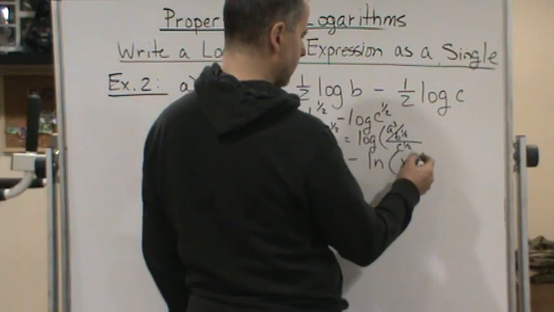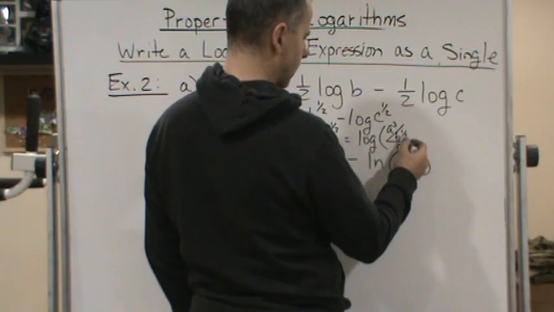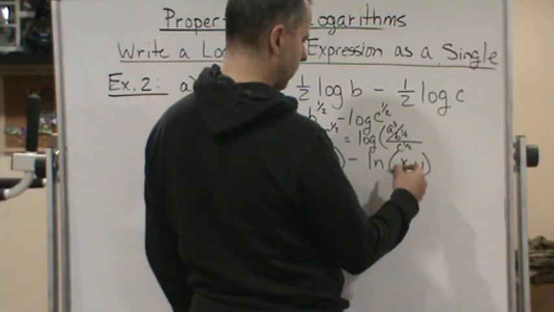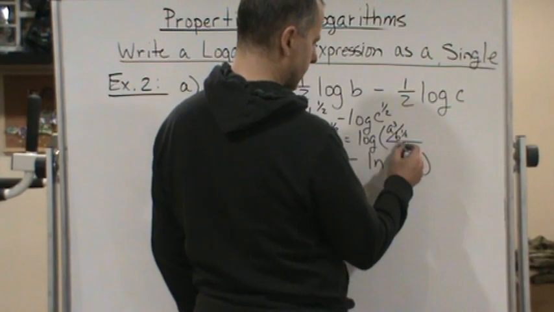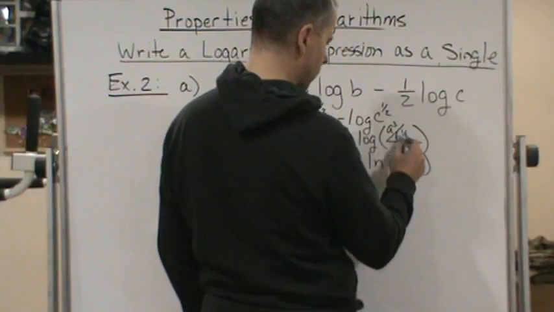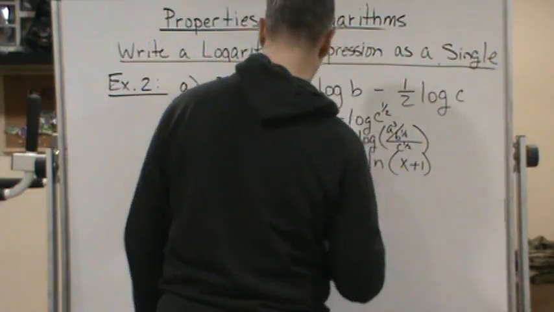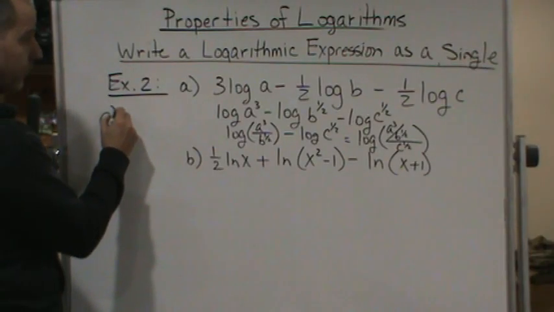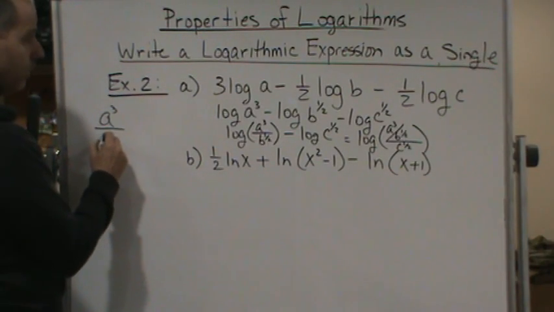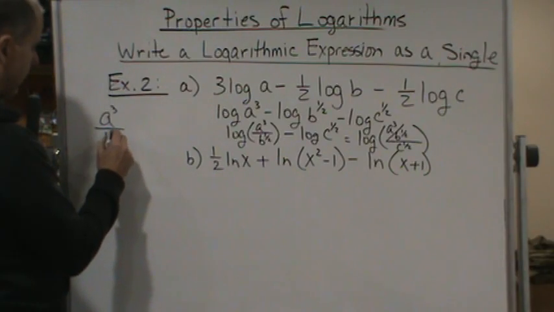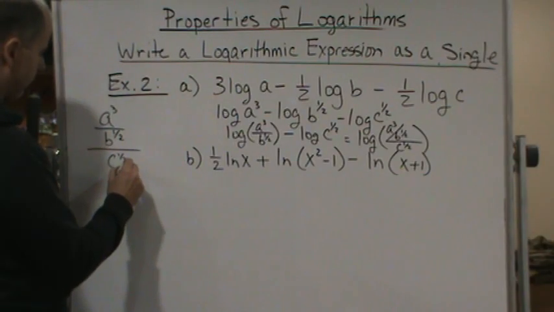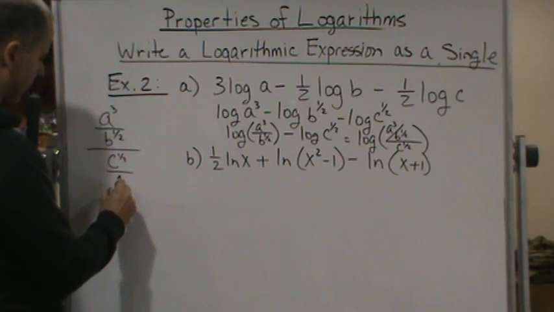But instead of dividing, I can write it as a product of the reciprocal of the bottom. So the c to the 1/2 ends up going to the denominator. Let me show you this way. If I have a to the third over b to the 1/2, all divided by c to the 1/2, I can write the c as over 1.